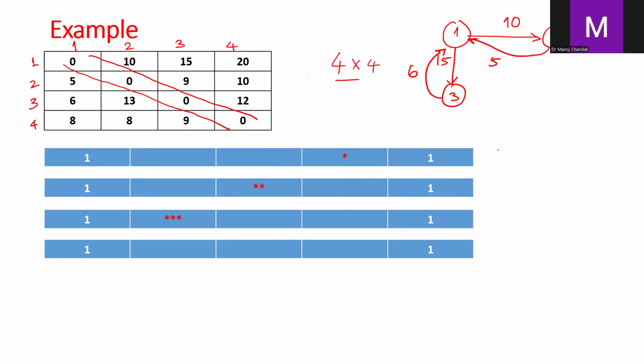So this is the brief path which has 1 and 1 as source and destination. So we call these three locations as intermediate.